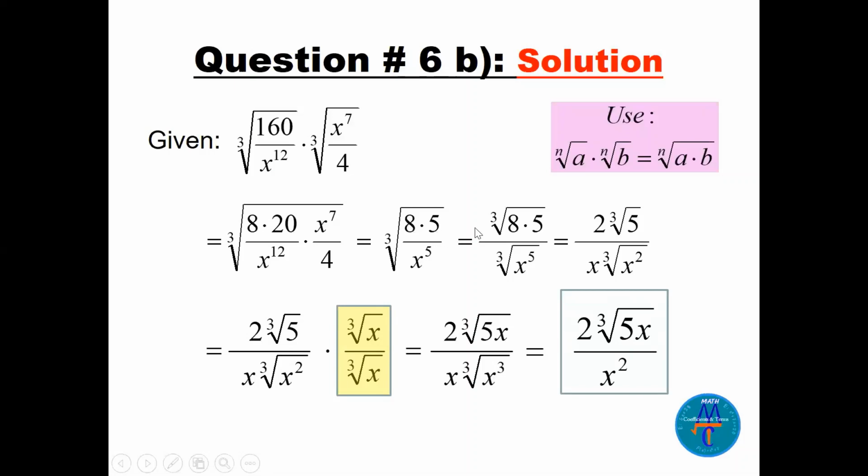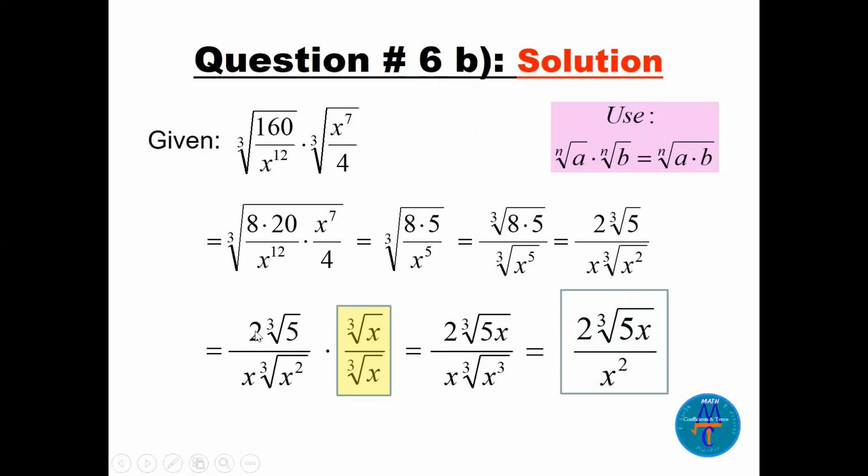Now cube root of 8. I split it now up and down. Cube root of 8 is 2. Cube root of 5, I leave it. And here, cube root of x to the power 5. What is cube root of x to the power 5? X to the power 5 means x cubed times x squared. So cube root of x cubed is 1x. Cube root of x squared, I leave it here.